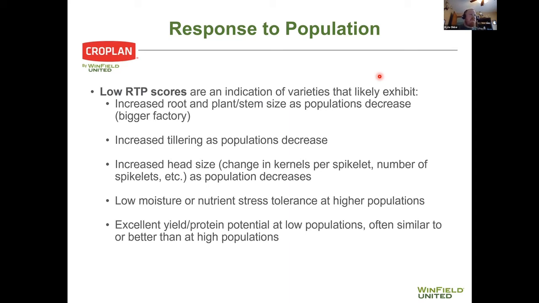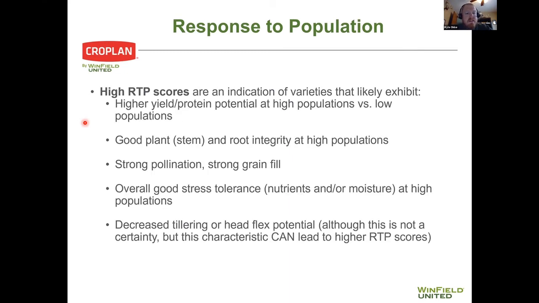And we have more and more guys, depending on where you're at, trying to increase that more and more. But we're uncovering that some of our best varieties we've found through our Cropland system don't handle that stress well at all and really produce well at lower populations. So dropping it down to 1.1, 1.2 million, and then letting those tillers develop, those heads will actually flex in size too, where they'll get longer, with more kernels, more spikelets per spike, all that.